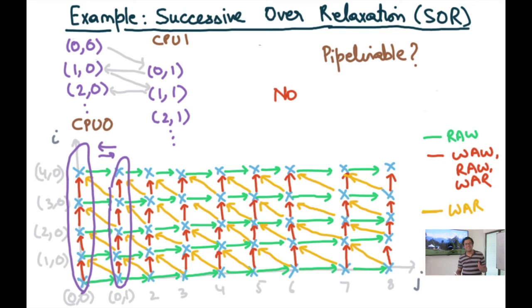The question now is, can I change this program, for example, by changing the axes of this iteration? Why do I need to consider the outer loop to be i and the inner loop to be j? Maybe I can skew the axes, or interchange the axes, and maybe after I do that, the loop becomes pipelinable. And actually the answer is going to be yes.